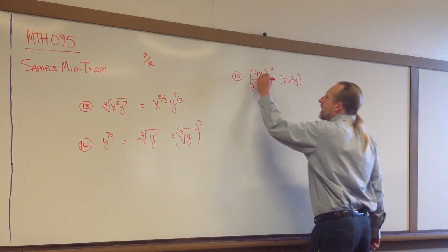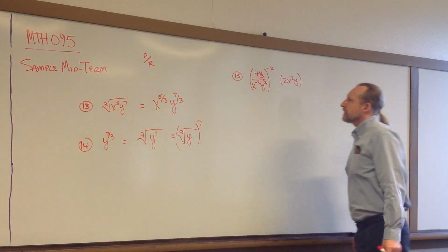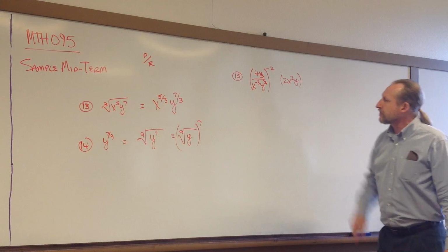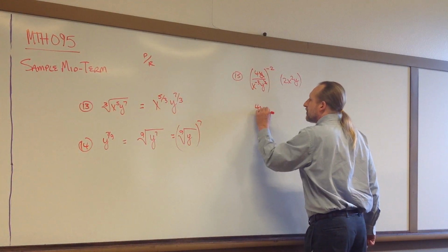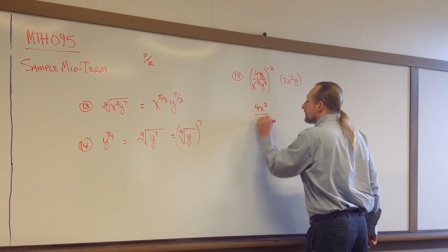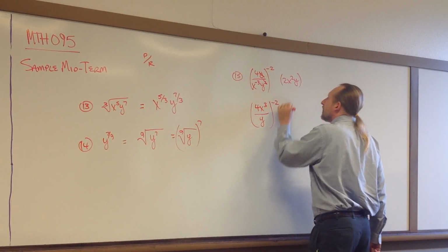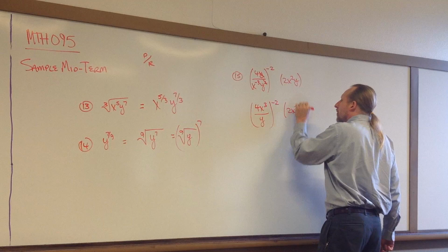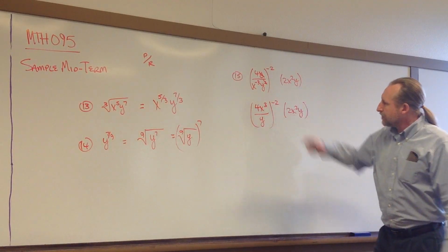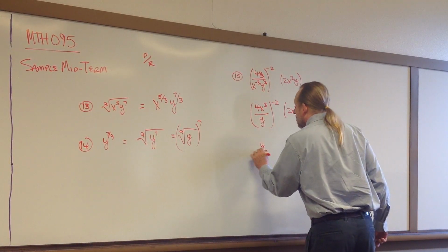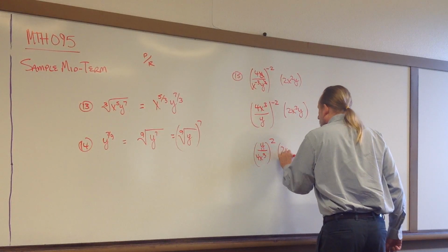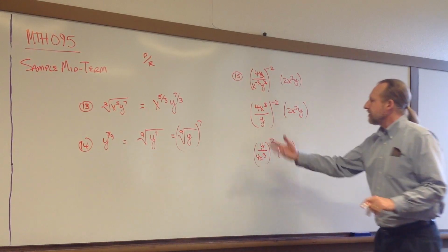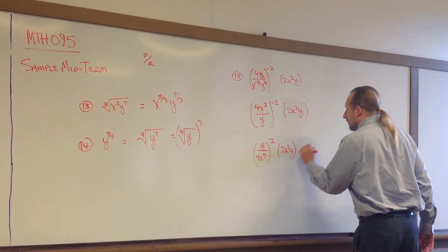So this y cancels out one of these y's and leaves us with y on the bottom. This x to the minus 3, I'm going to move that up to the top and call it x to the positive 3rd power. And then I'm going to flip this over. Y over 4x to the 3rd, all squared. Now we don't have any negative exponents that we have to worry about.